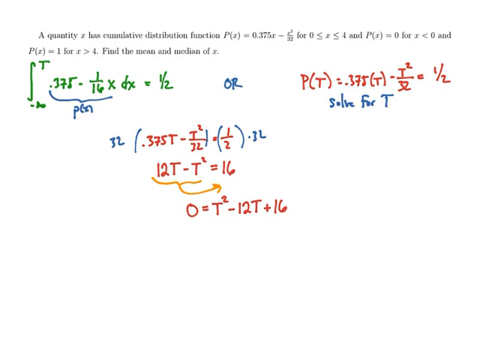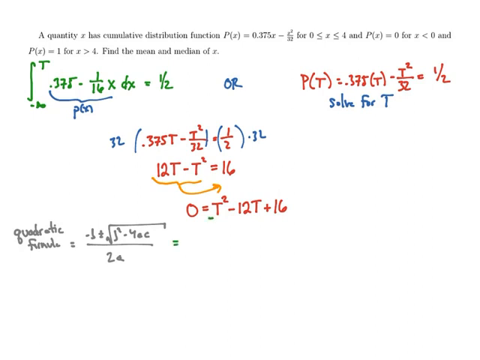We can either try to factor this or use the quadratic formula, but note that there's no nice way of factoring this problem. You can try a few, nothing will work out. So we have to use the quadratic formula to solve for this. So that's going to be, take negative b plus or minus the square root of b squared minus 4ac all over 2a.